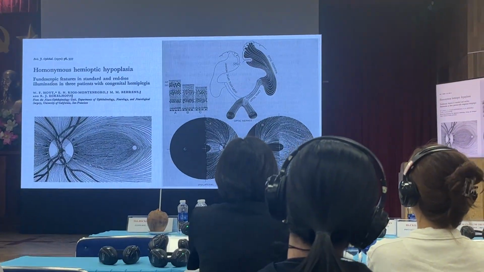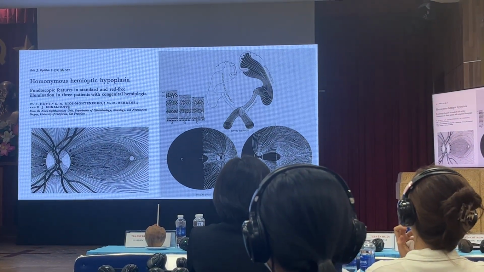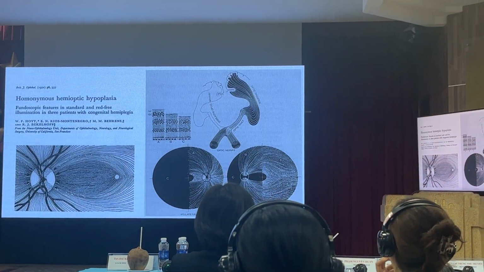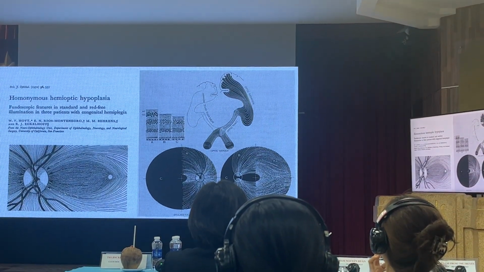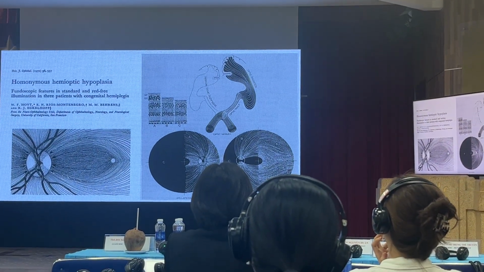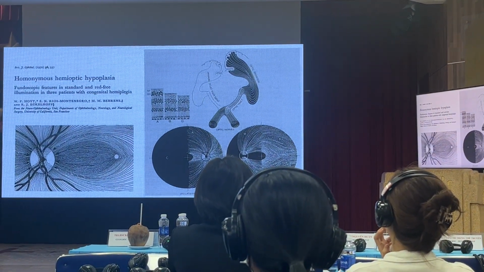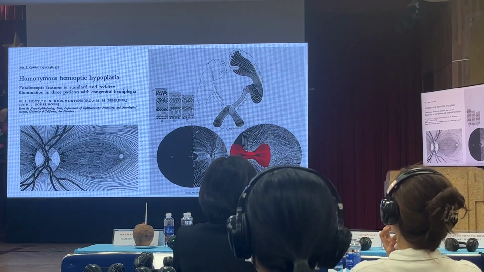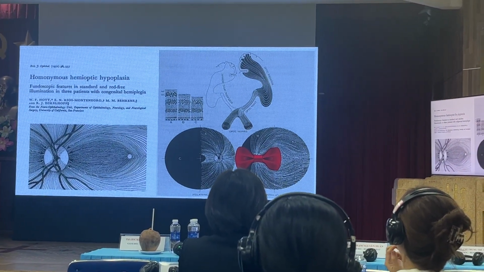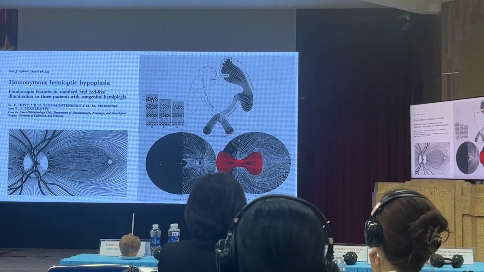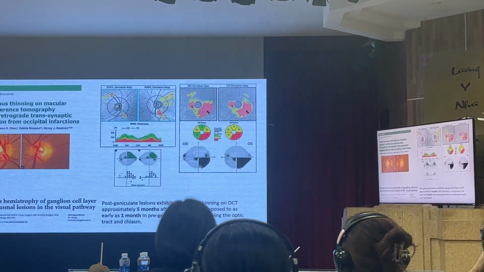He saw that by the speciality of the optic tract with the nasal fibers crossing to the opposite side and the temporal fibers staying on the same side, we get a special atrophy pattern if this happens, always respecting the vertical middle line, and showing this interesting feature he called a bow tie atrophy, because the atrophy of the nerve fiber layer on the ipsilateral side resembles this bow tie feature.